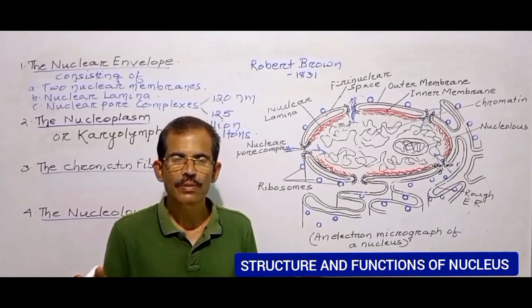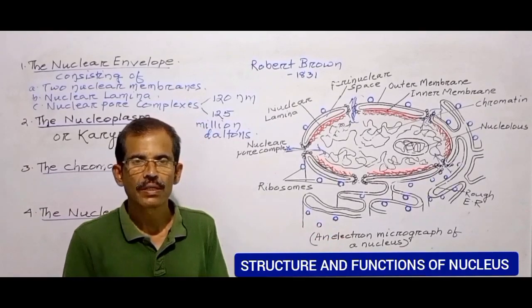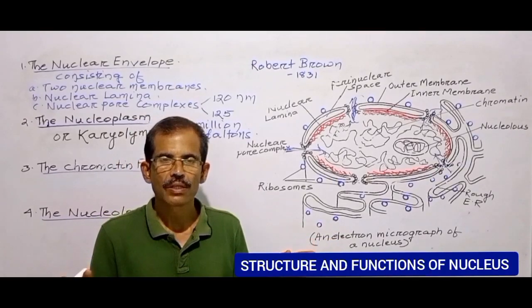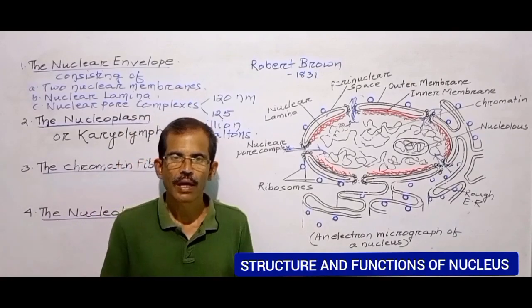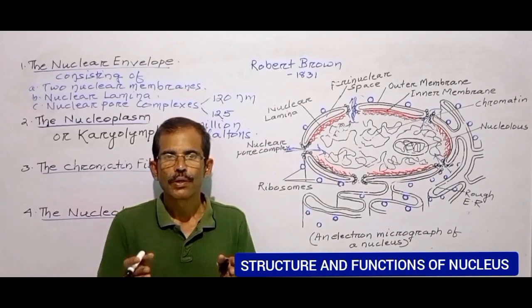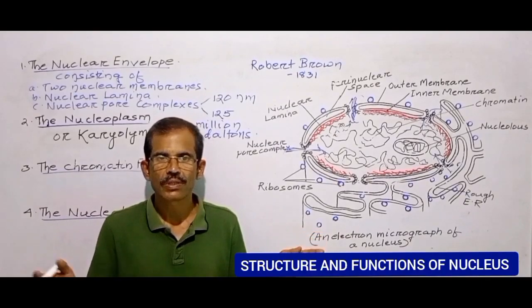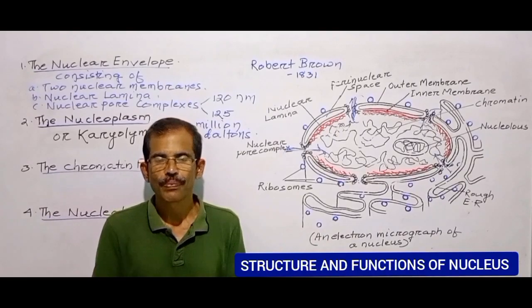For example, cells with little or no synthetic activity such as sperm cells, muscle cells and blastomeres have smaller or no nucleoli. On the other hand, cells with greater synthetic activity such as oocytes, neurons and other secretory cells have comparatively larger nucleoli.